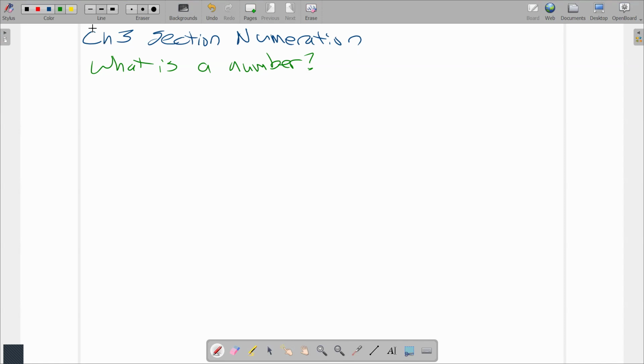It's something that can be added or subtracted, like a variable or something like that. Negative infinity through infinity. Something that can be added or subtracted.